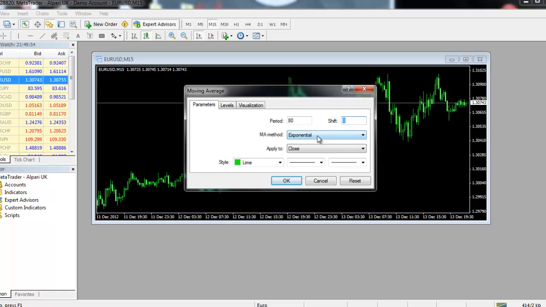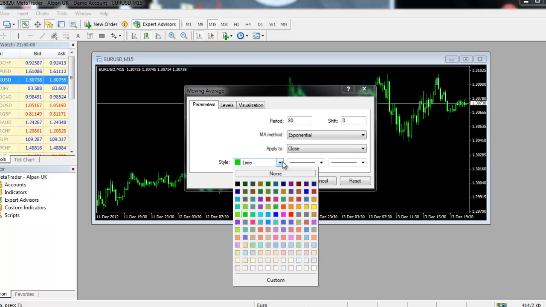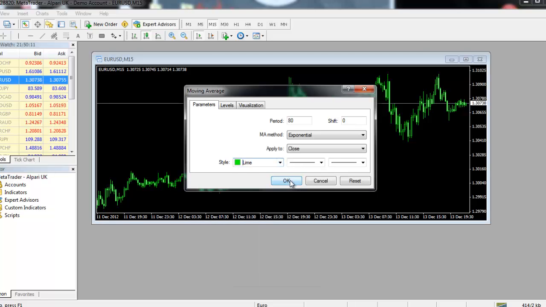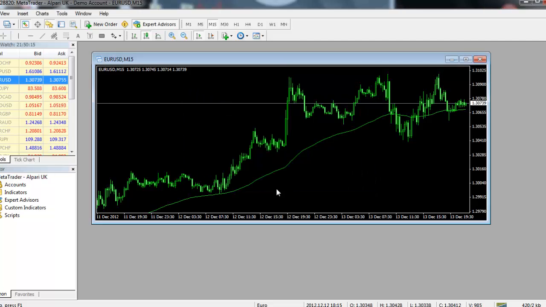The MA method, the moving average method, needs to be exponential. The reason for this being that we want the latest price action to weigh the most into the moving average, and we apply this to the close. Now you can use any color here, I use the lime color. So once you're done with this, click OK, and we get our moving average.